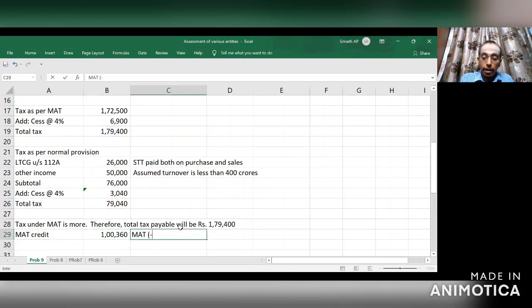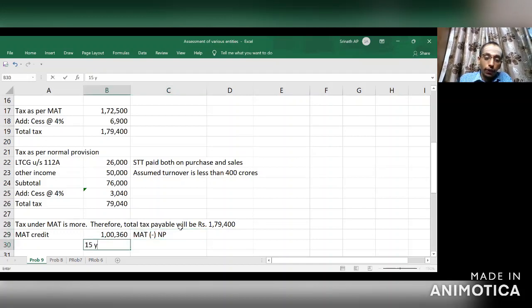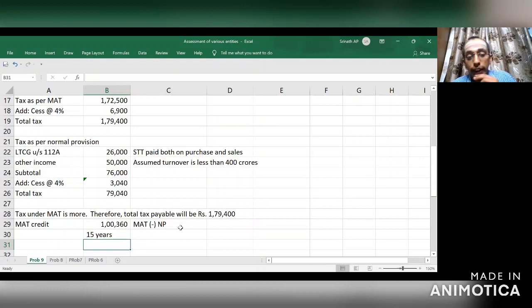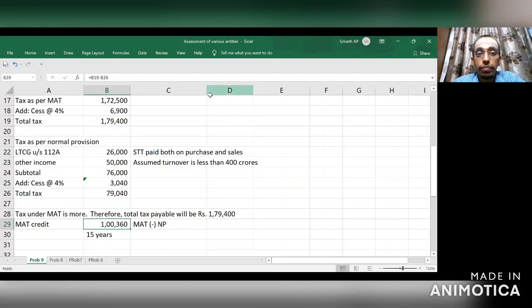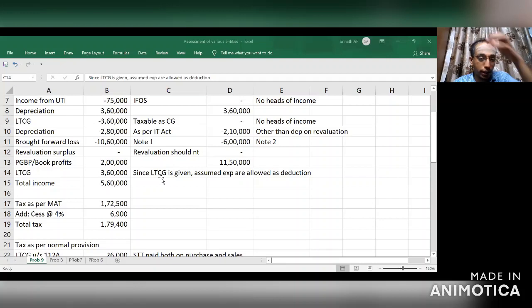MAT minus normal provisions can be carried forward for 15 years. So you get a MAT credit of 1,00,360.